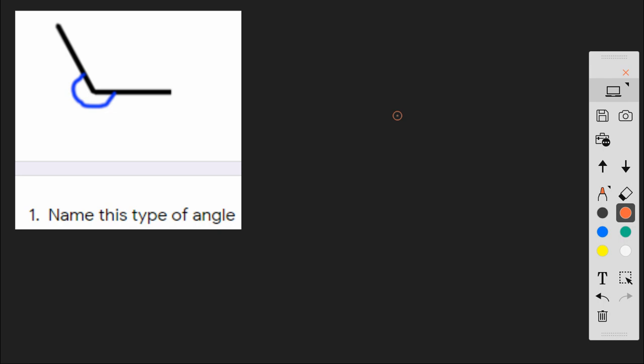Okay, now a recurring theme in these questions is that we need to know our maths words, and we've got a number of maths words here to describe types of angles. An acute angle, which is less than 90 degrees.